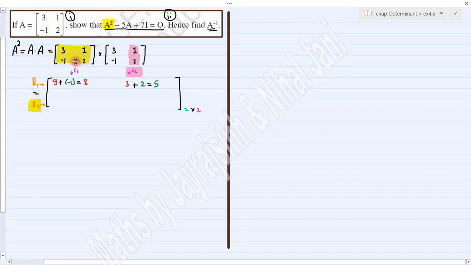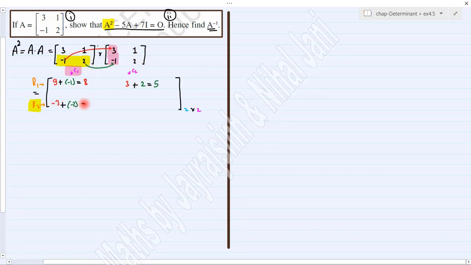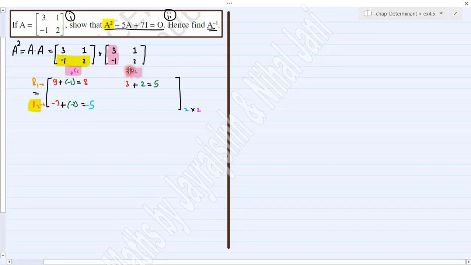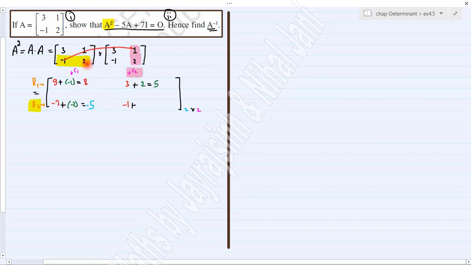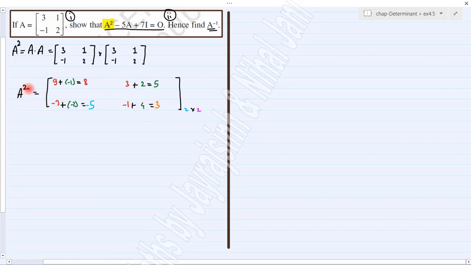Now let's try to get element of second row. The first element is in first column, so multiply respective terms. So here we'll get minus 5. And the last element can be obtained by multiplying second row and second column. So here we'll get 3. So we get our matrix A square.